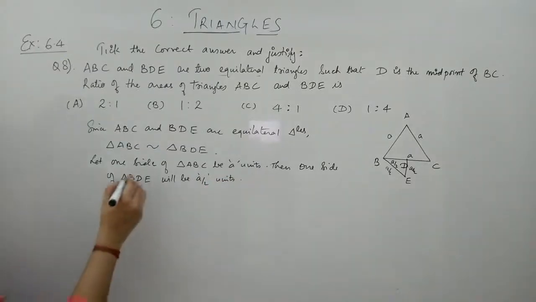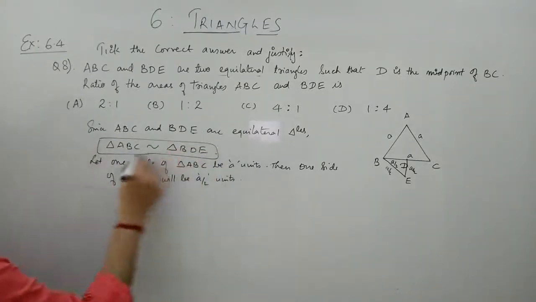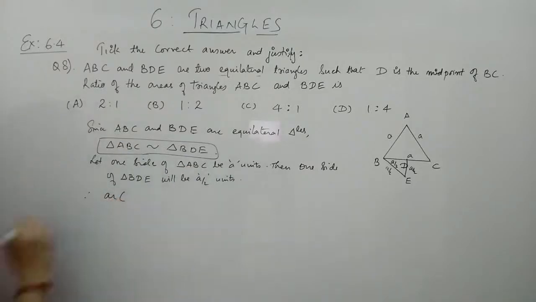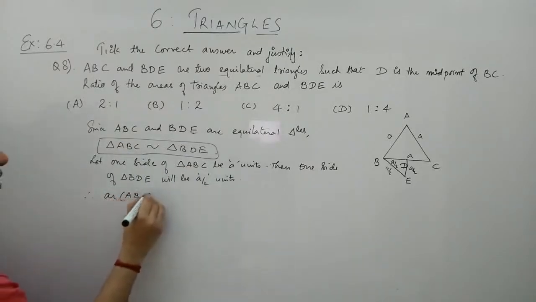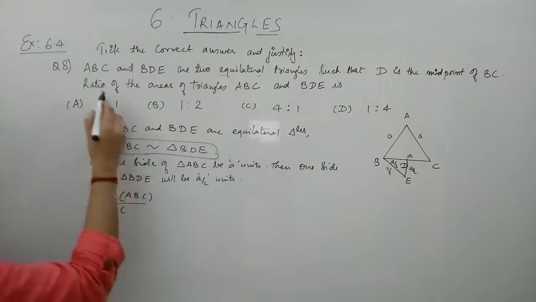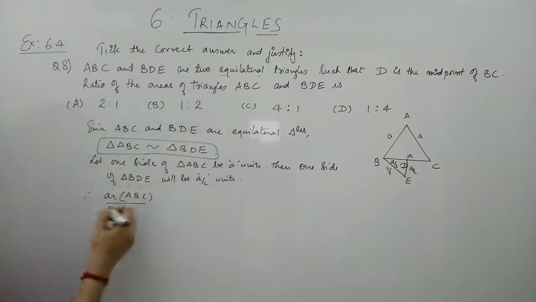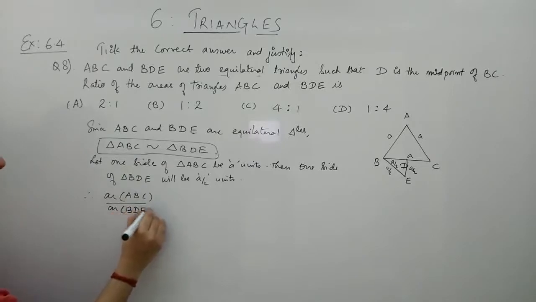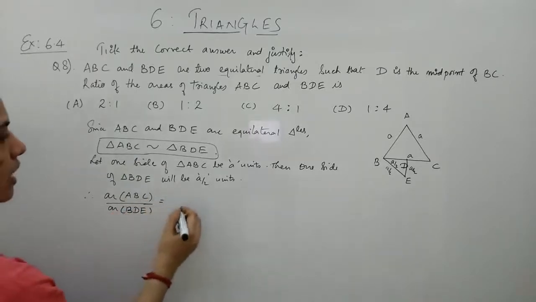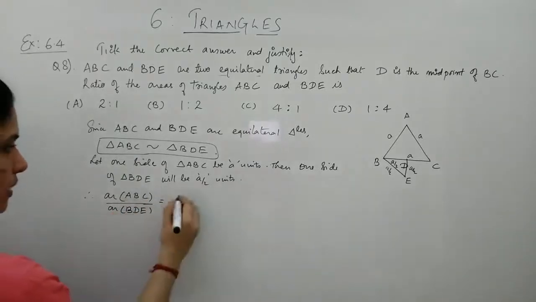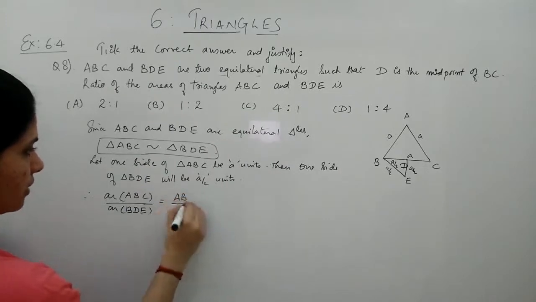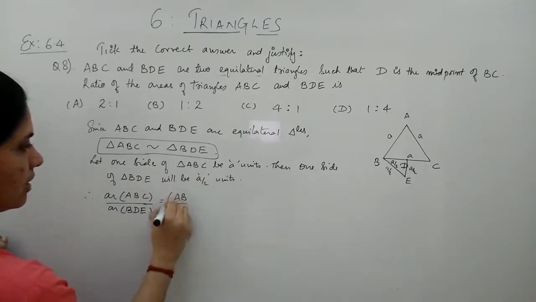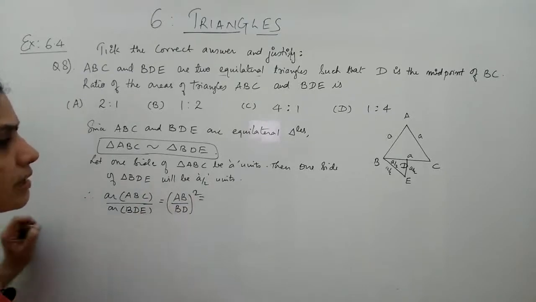So since you have the area concept, that is area of ABC by area of BDE, you have to find out the ratio of the areas of the triangles. So we are taking, because they are similar, any of the sides you can take, that is corresponding sides ratio square, that is AB by BD the whole square. What is AB taken as?